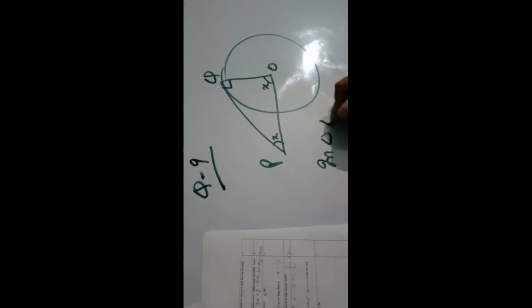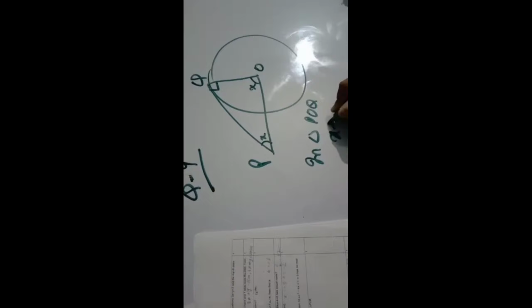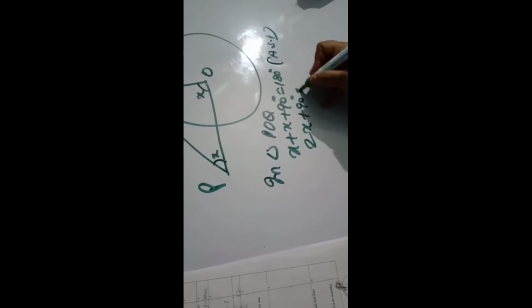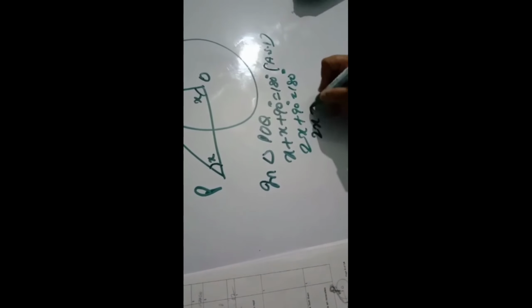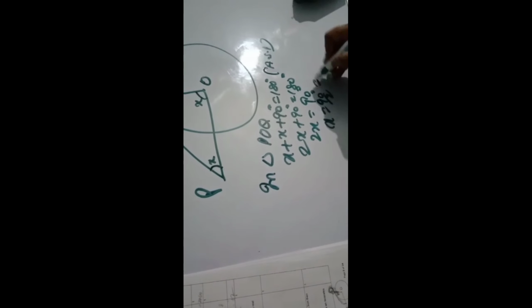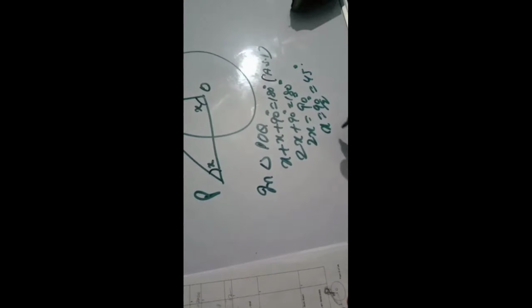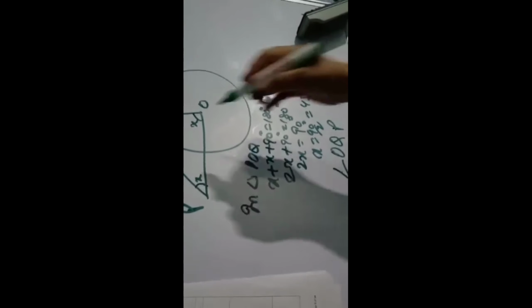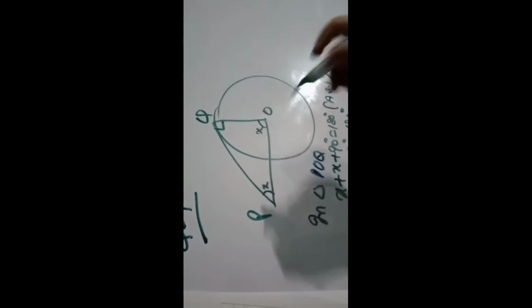So in triangle POQ, x plus 90 is equal to 180 degrees, angle sum property. So you will get 2x plus 90 is equal to 180 degrees. So 2x will come 180 minus 90, 90 degrees. So x will come 90 over 2, that is 45 degrees. You have to find angle OQP.